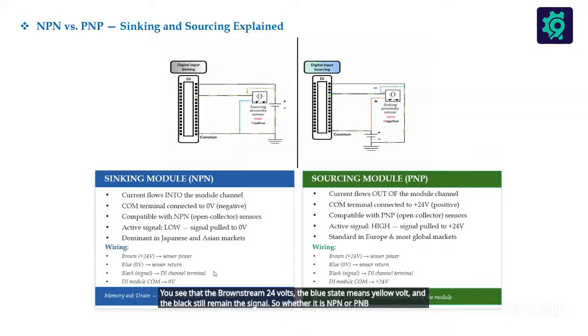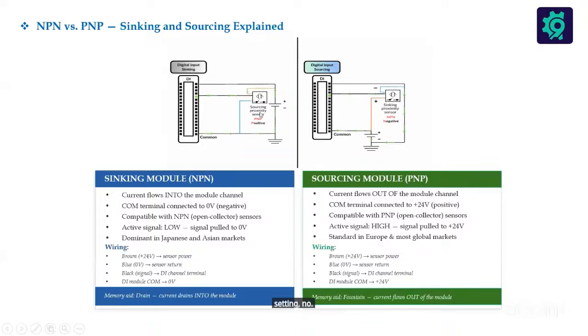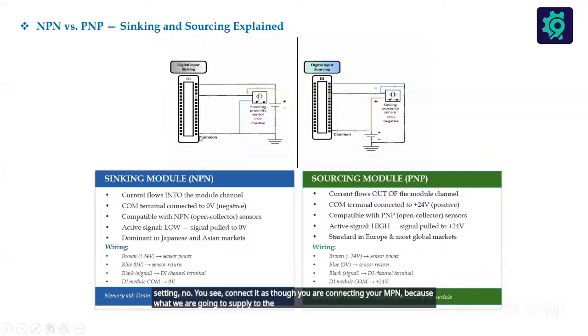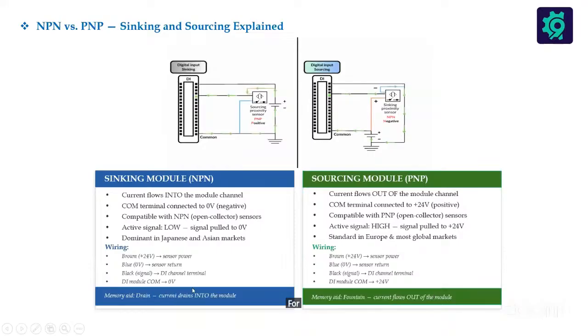So when you bring it into this setting now, you still connect it as though you are connecting your NPN, because what you are going to supply to the common here will still be negative, while you supply the positive for your PLC. Now you connect it the same way, but take note of one thing.